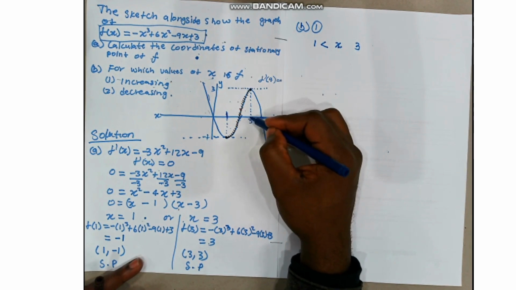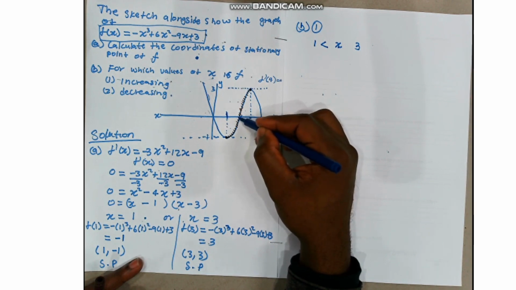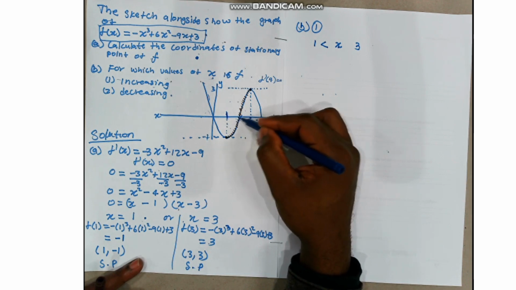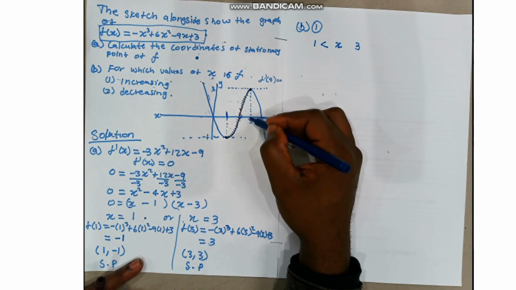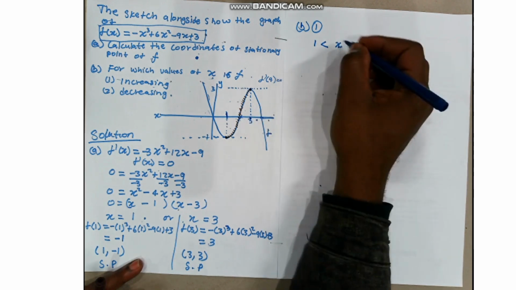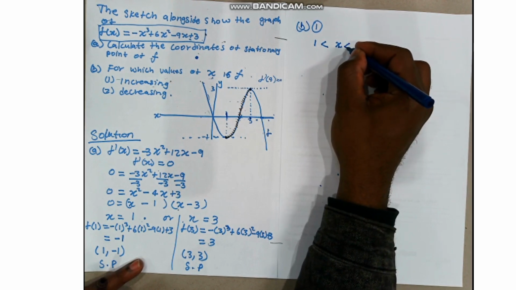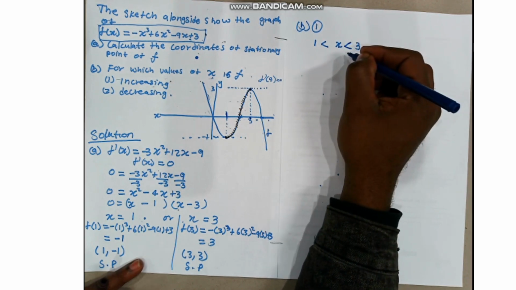Then from this side, which is 3, going to this side, 3 is bigger than the values of x going from this side. So our values of x from this side are smaller. So this is why we are saying it like this.